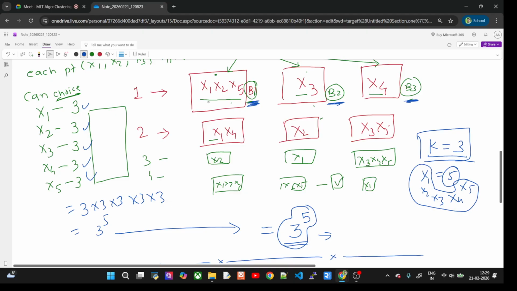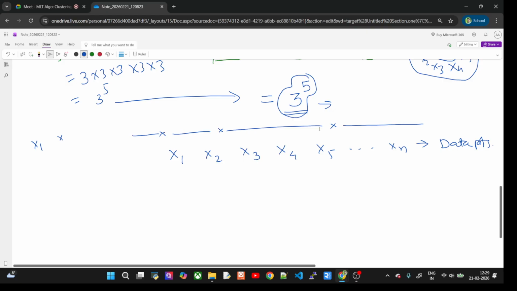These are the indicators: x1 is going into b1, x3 is going into b2, x4 is going into b3. So these are the cluster indicators or the box indicators; b1, b2, b3 are the box indicators.